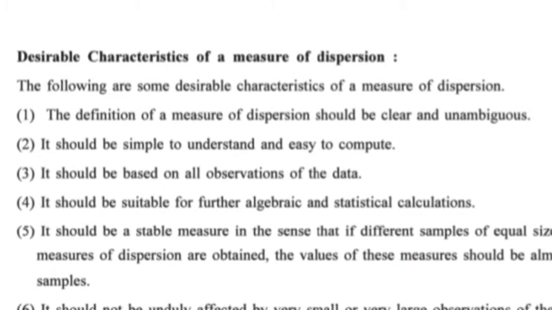Yes children, we have very nicely seen what the definition of dispersion is. That definition shows that it is the measure that shows how far all the observations are scattered from the average of the given data. So it is very clearly understood what we mean by measure of dispersion and what it shows, and that becomes one of the desirable features of measure of dispersion.